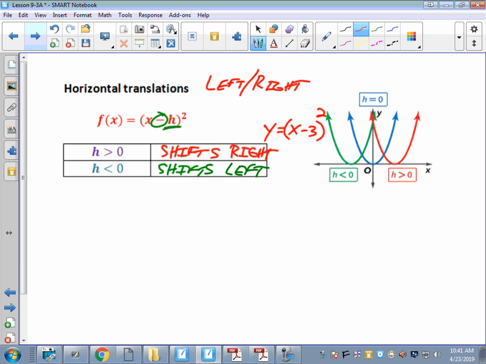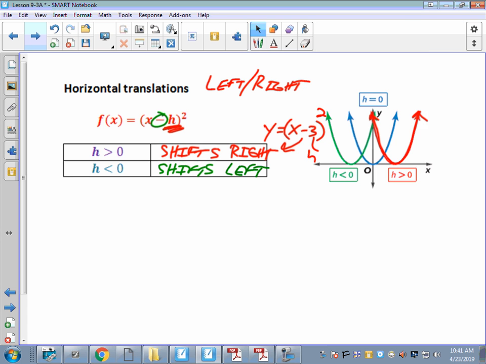Forget about the minus sign and just deal with your h value. In this case, the 3 is your h value, so it shifts to the right, 3 units to the right.